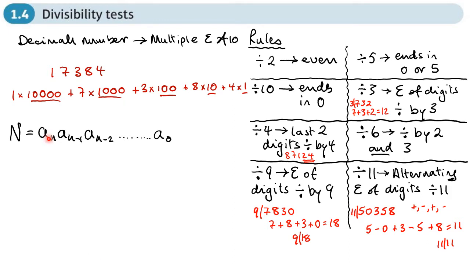Each one of these little things here represents the digits in a decimal number. So I'll just write that down: digits in a decimal number.